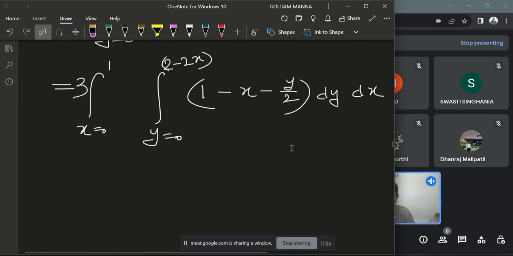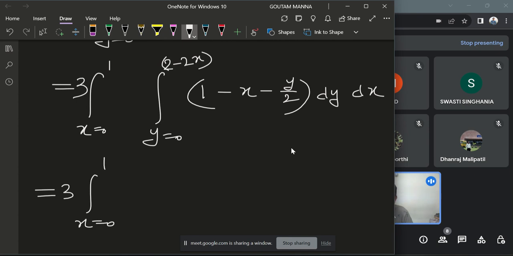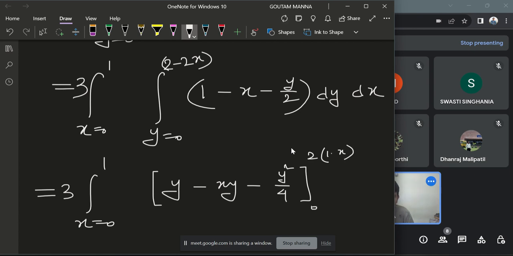As the y limit depends on x, we have to do the y integration first, x from 0 to 1. By y integration, it will be y minus xy minus y square by 4, and y goes from 0 to 2 times (1 minus x), dx.